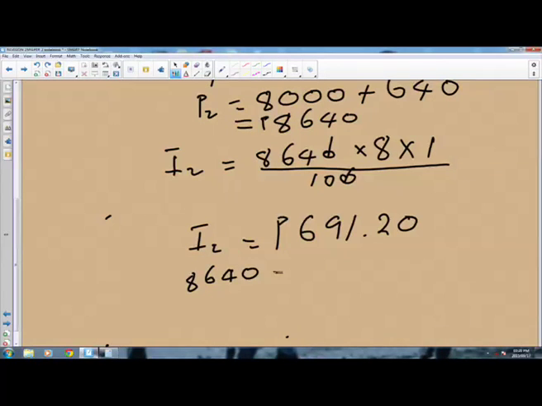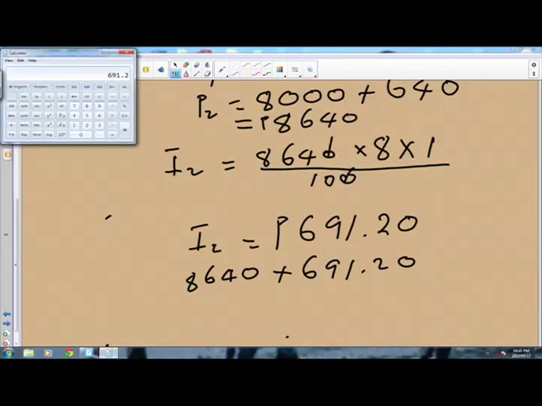8,640 plus the interest at the end of the second year, which is 691.20. So we just have to add these two. So this is 691.2 plus 8,640, and then this will be 9,331.20.